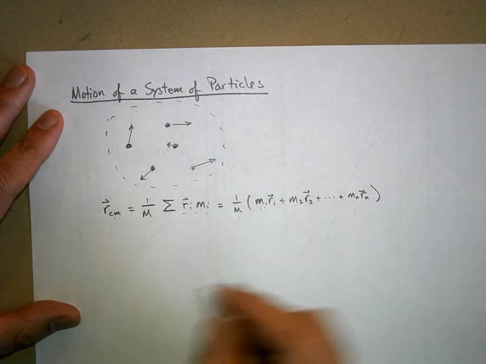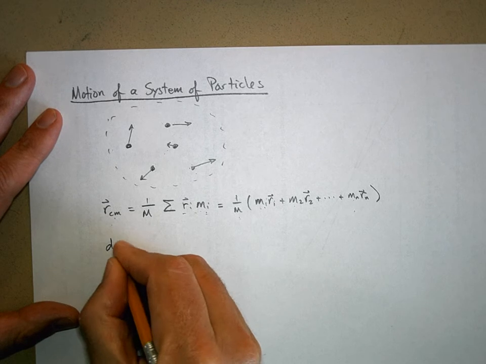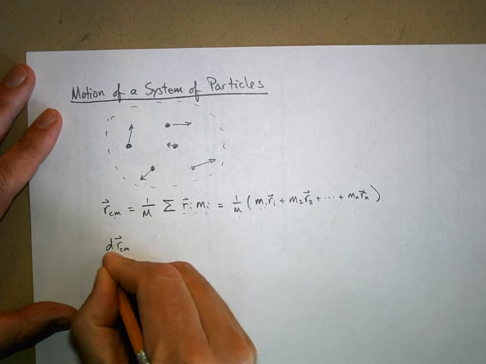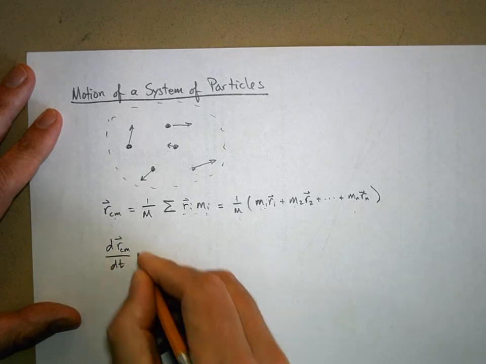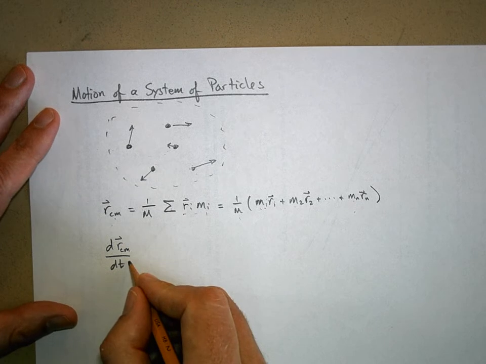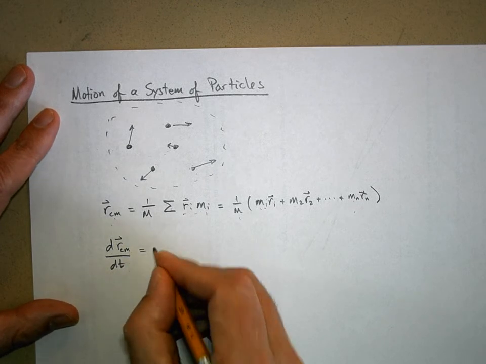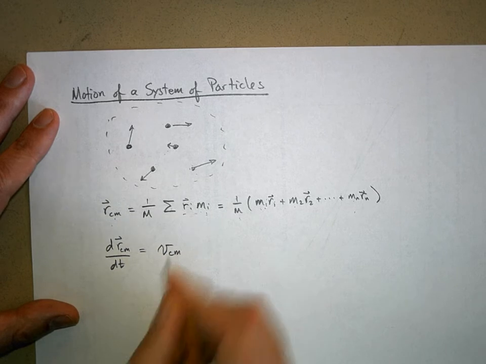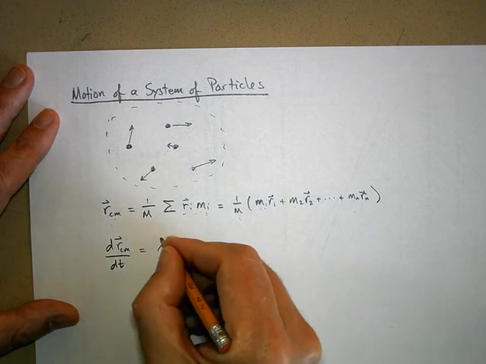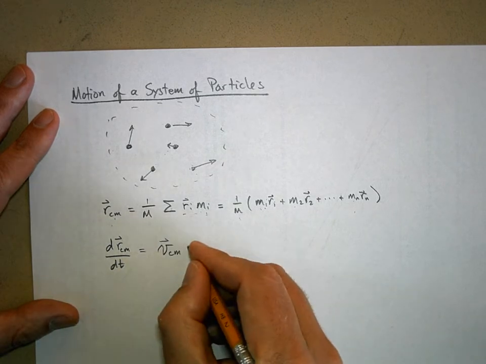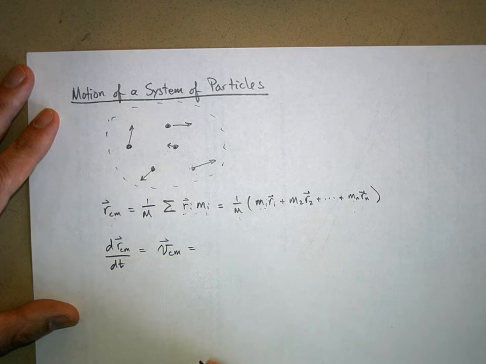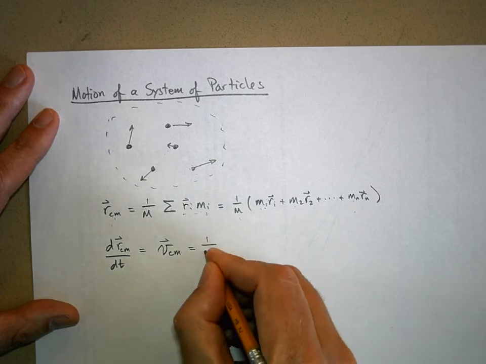So let's take the derivative of this with respect to time. Well, the derivative of the position of the center of mass with respect to time is called the velocity of the center of mass. And this is just going to be 1 over the total mass.